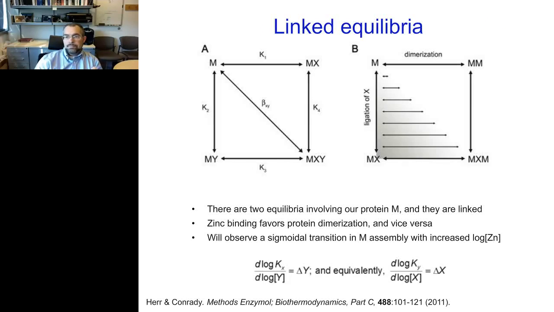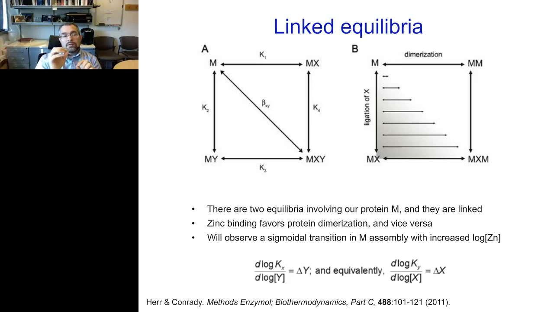All right. This is one of my favorite topics, but I'll have to go quickly over it. This is a really neat way to analyze data. In this situation, you have what's called a linked equilibrium. So we have two things going on. In our case, we have proteins that bind to a metal, such as zinc. Now, that's not something we can generally follow by AUC because the addition of a single metal to a protein is not going to change its mass or shape, usually, very dramatically.